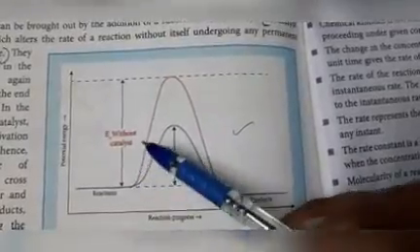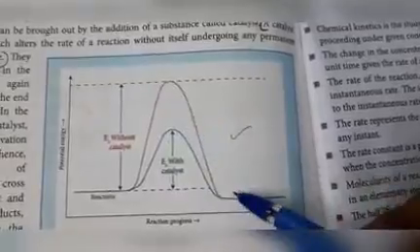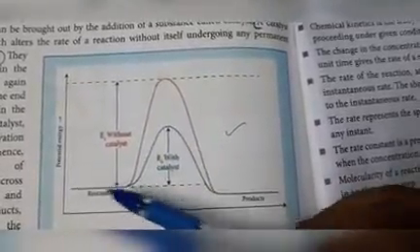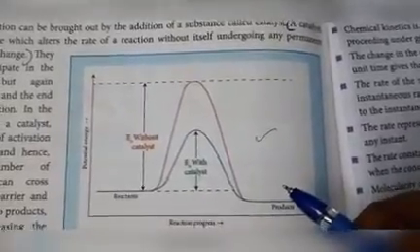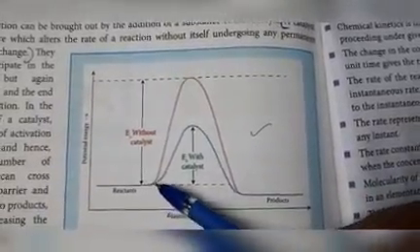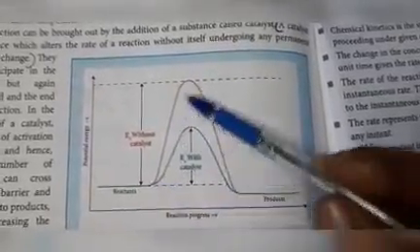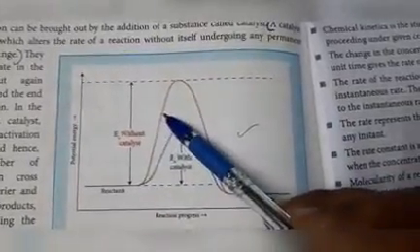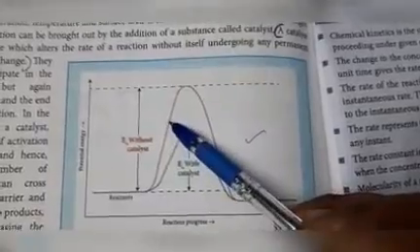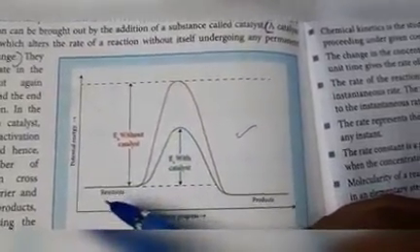If some of the reactants react and have only this much energy, they cannot convert into product, so again they will return back and form reactant only. So the reactants having at least this amount of energy will convert into product. If a reactant does not have this much energy, it will return back to reactant and will not convert into product.